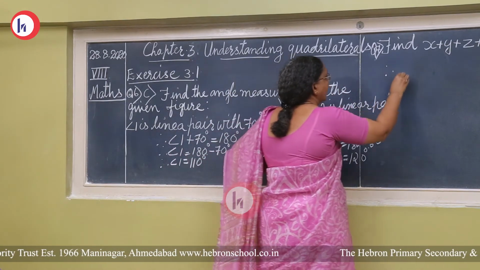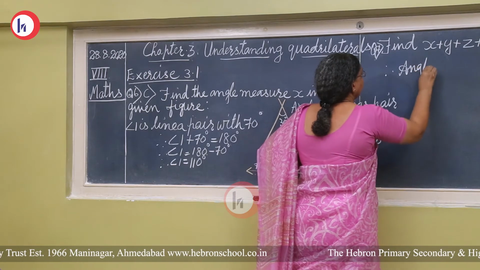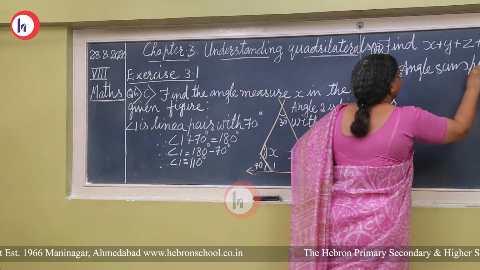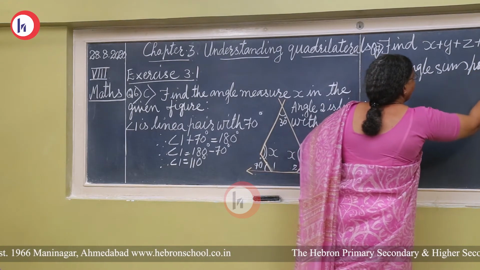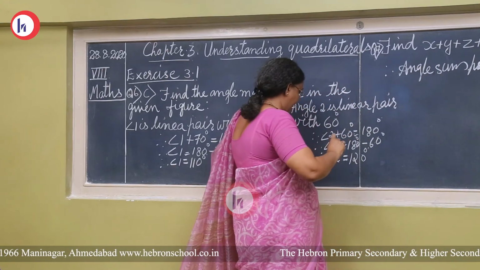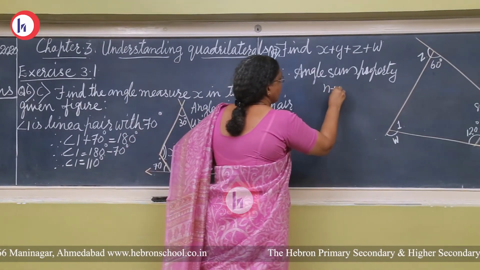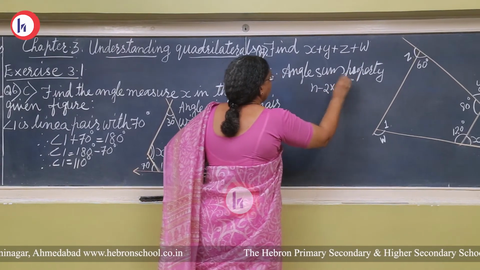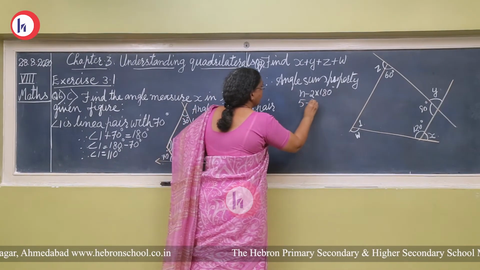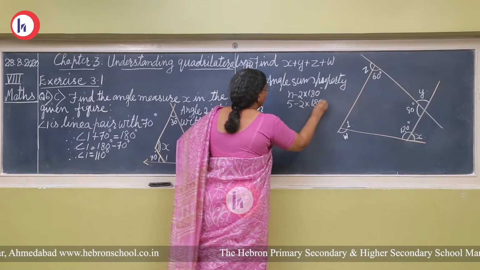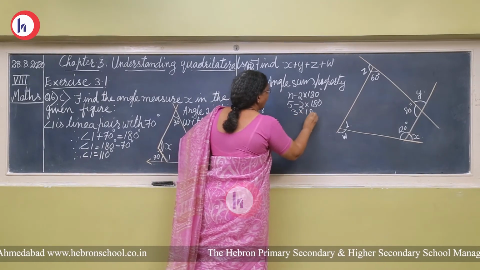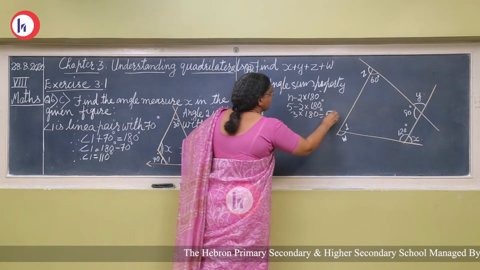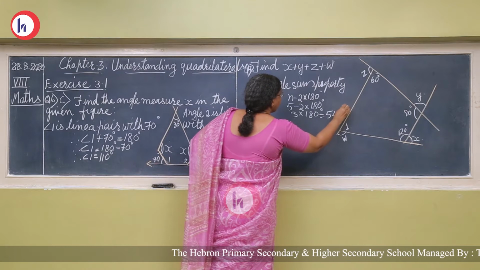Therefore, in the angle sum property, that is (n minus 2) into 180 degrees, n is here 5. 5 minus 2 into 180 is equal to 3 into 180 degrees. Then 3 eights are 24, 3 ones are 3, that is 540 degrees.